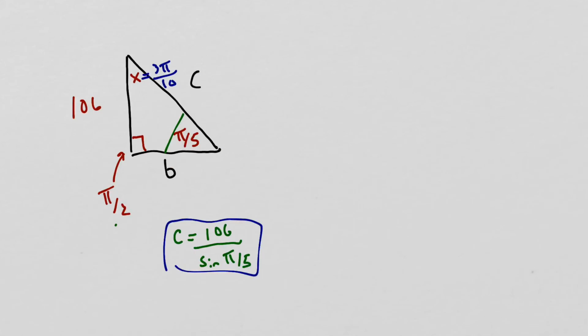Okay, so we have an answer for what the hypotenuse has to be. Let's go ahead and find what our side B has to be. Again, let's use pi divided by 5 as our angle. If we use cosine, again, we'll have two unknowns. Instead, let's use tan theta.